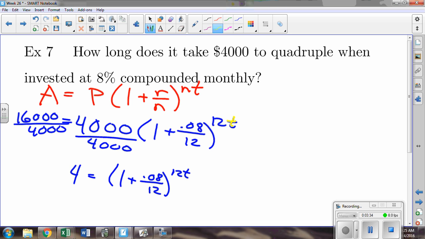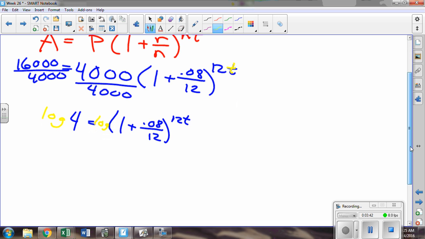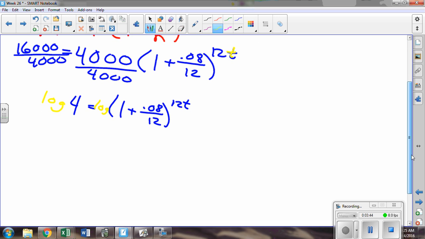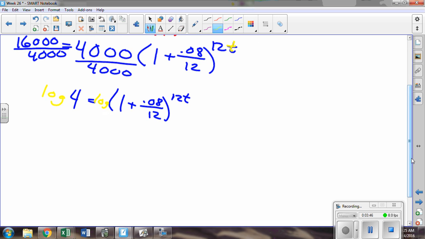This is where we'll take the logarithm. And our whole reason for taking that logarithm is so that we could apply the power rule. We keep seeing how useful this power rule is. After taking the logarithm, we are allowed to bring down that exponent and turn it into multiplication.